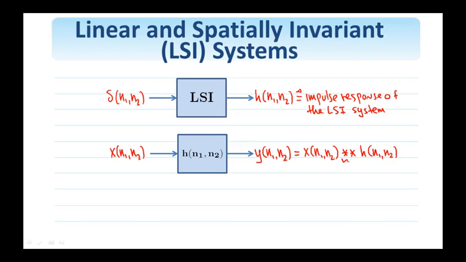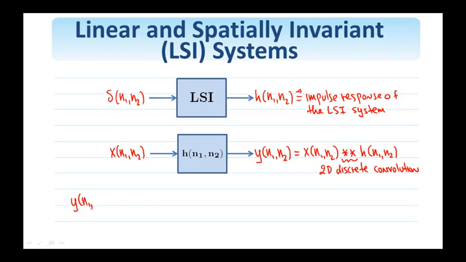The double star here denotes the two-dimensional discrete convolution. So linear systems, or filters as we often refer to them, perform discrete convolution.